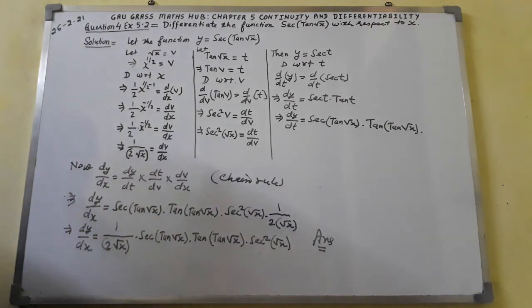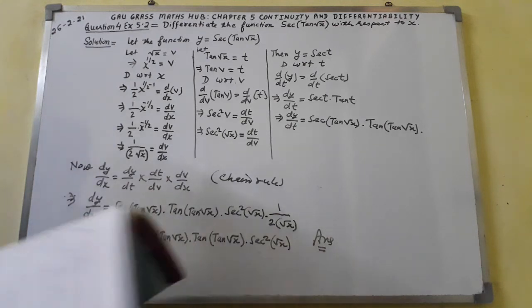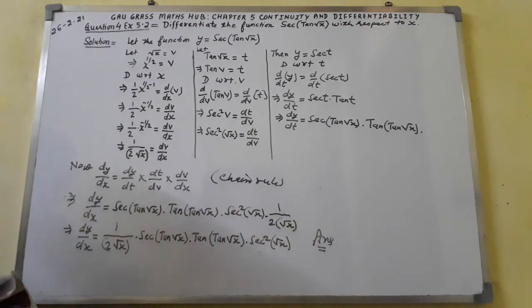So let us check the answer whether it is correct or not. The answer I have got here is dy/dx equal to 1 over 2√x times sec(tan √x) times tan(tan √x) times sec square √x.